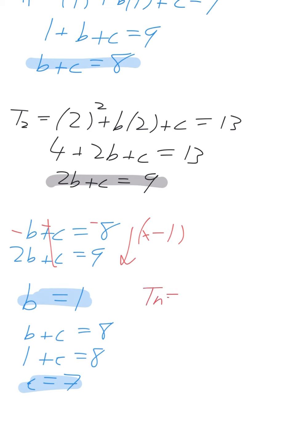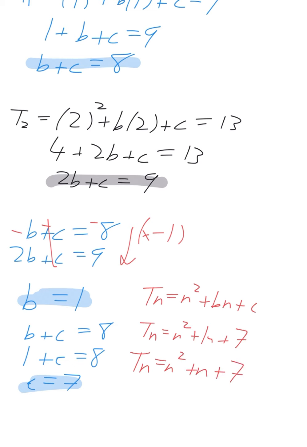So Tn equals n squared plus bn plus c. So now Tn equals n squared plus 1n plus 7. Now we wouldn't write 1n just like we wouldn't write 1x. So I'm just going to write it as n squared plus n plus 7. And there's our answer.